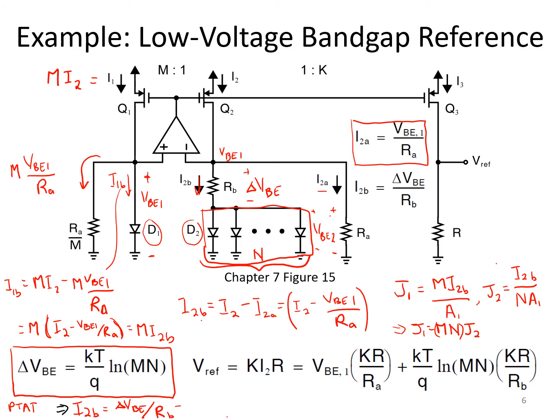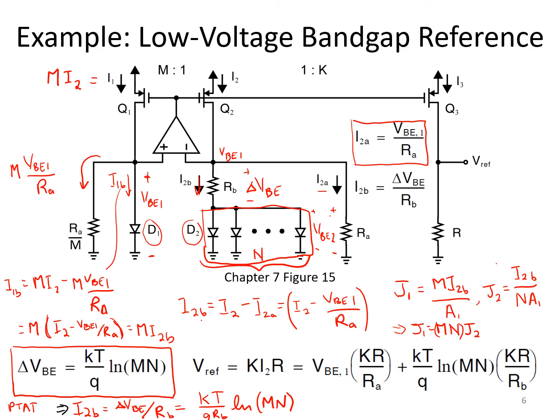If we want to write it out, we can see that it's kT over q RB times ln of MN. Okay, now the one catch here is that the current I2B also depends on the resistor value RB. And remember that all resistors in an integrated circuit will have a value that varies with temperature. So the current is not precisely PTAT, but we'll take care of that later.